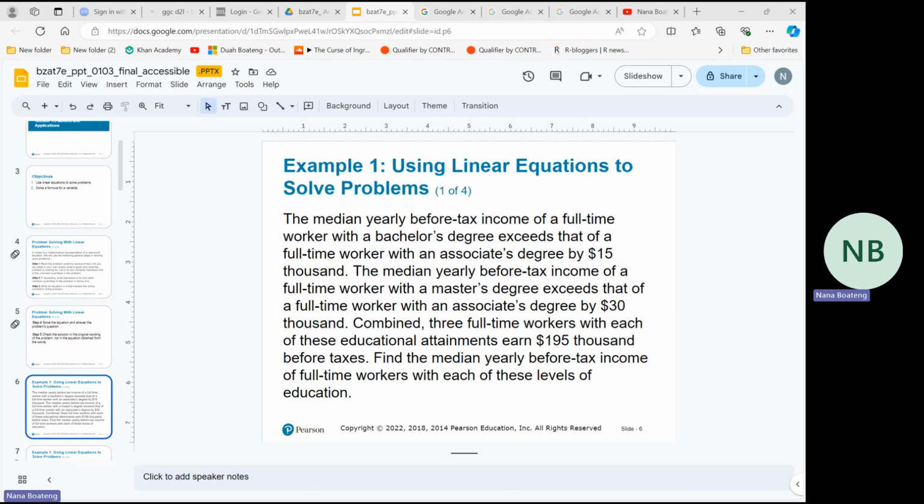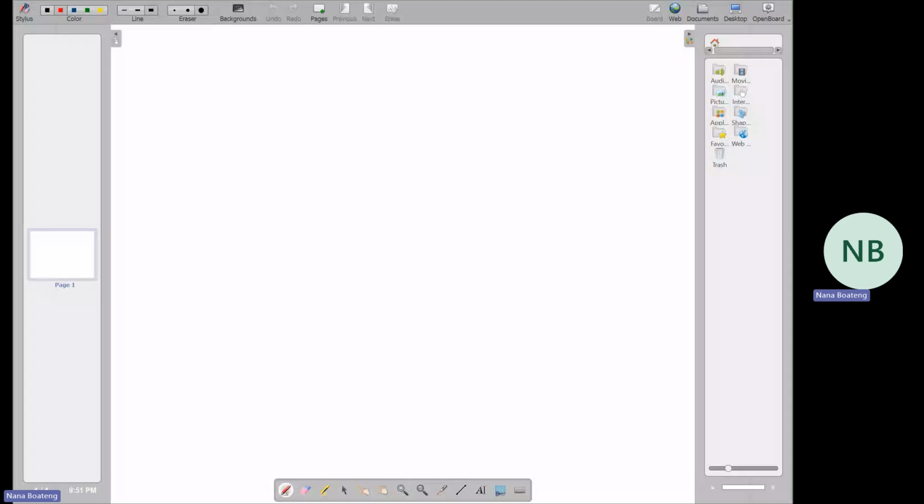We've been asked to find the yearly income for each one of them. So let us go to our board, and let me share my board, and see if we can solve this with the information that has been provided.